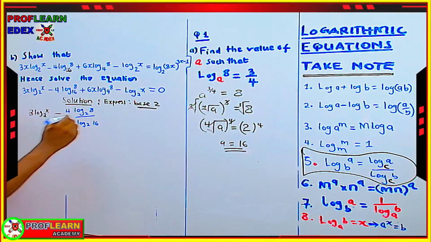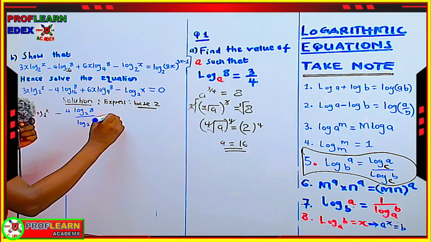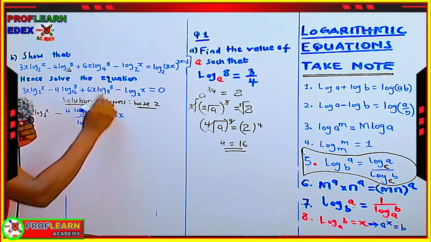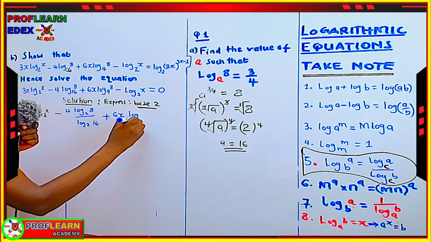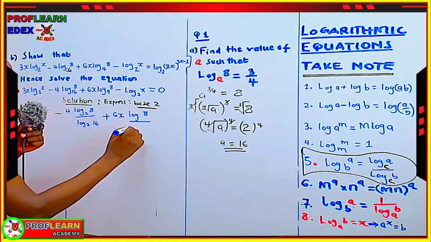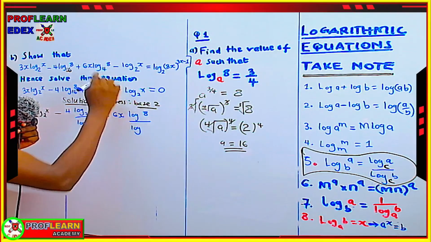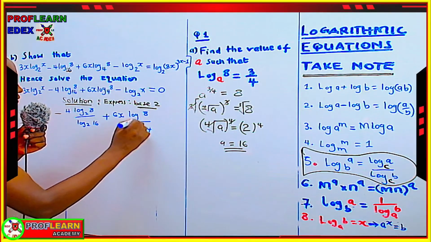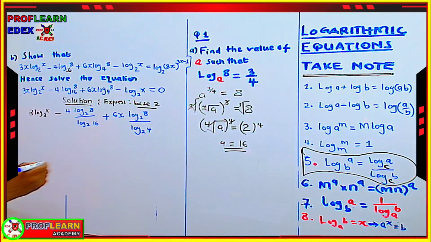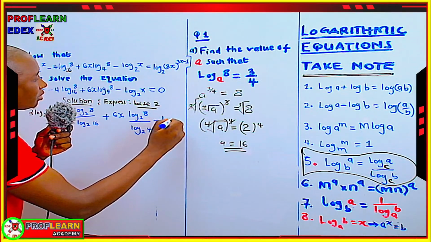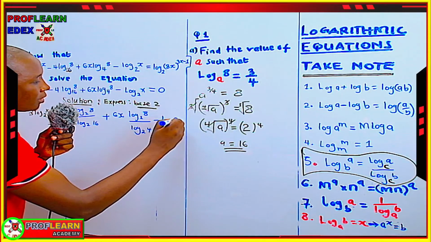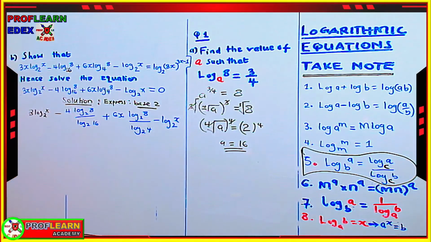So let us try to see what log 16 base 2 is equivalent to, because there's this rule that says that log m base m is 1. So meaning if you have a number and that number is the base, then the answer is 1.